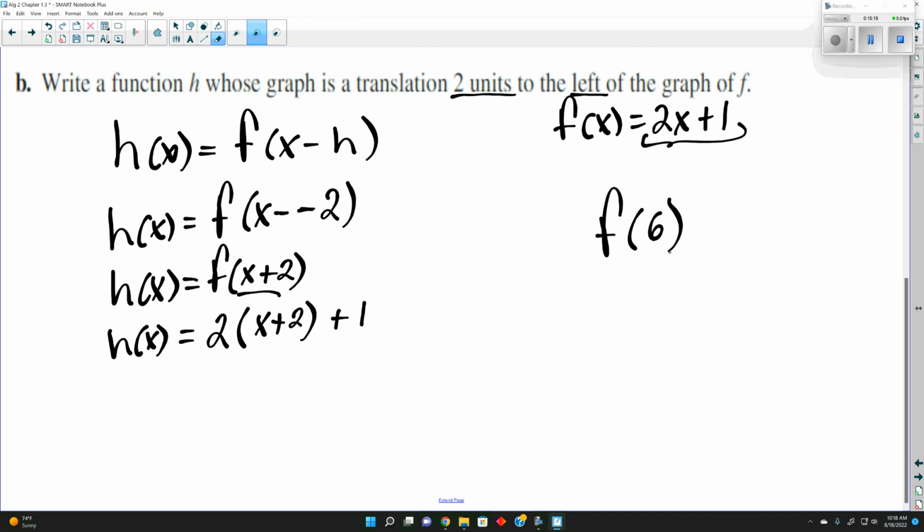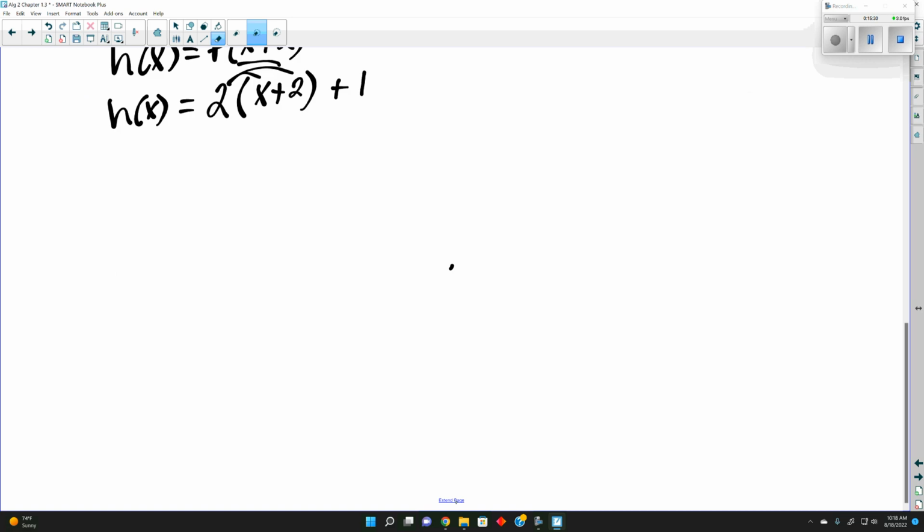We ready for the last part? Simplify. So the first thing we can do in simplifying is to distribute the 2. So when we distribute the 2, 2 times x is 2x, 2 times 2 is 4, plus 1.